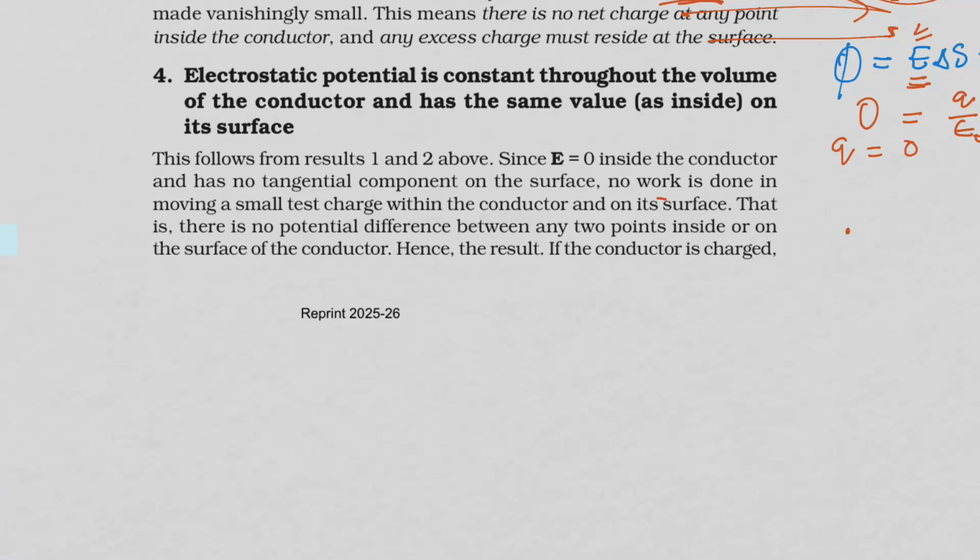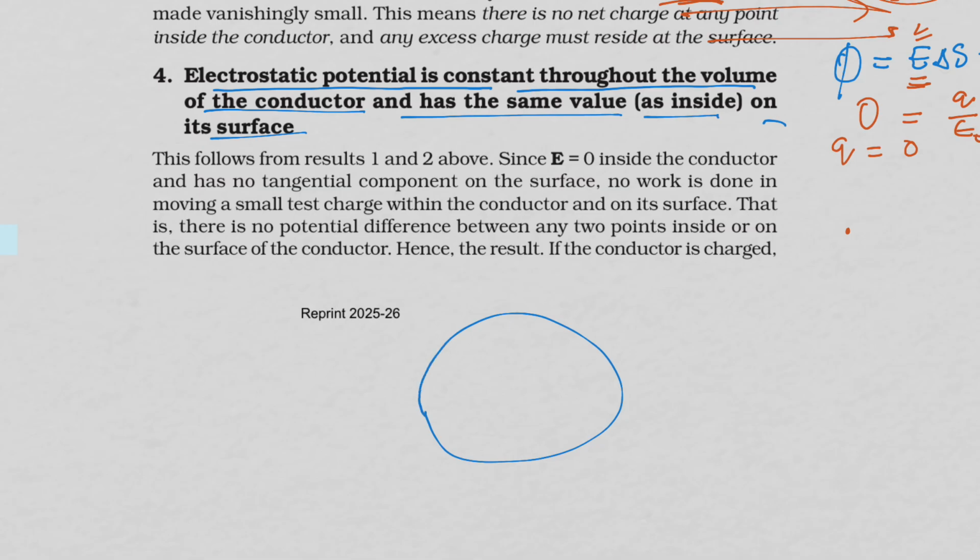Let's move to the fourth result, which says that electrostatic potential is constant throughout the volume of the conductor and has the same value inside as on its surface. First, talk about the inside of the conductor, and we are talking about the electrostatic potential. So inside the conductor, we know that the electric field is 0. We have already proved it.